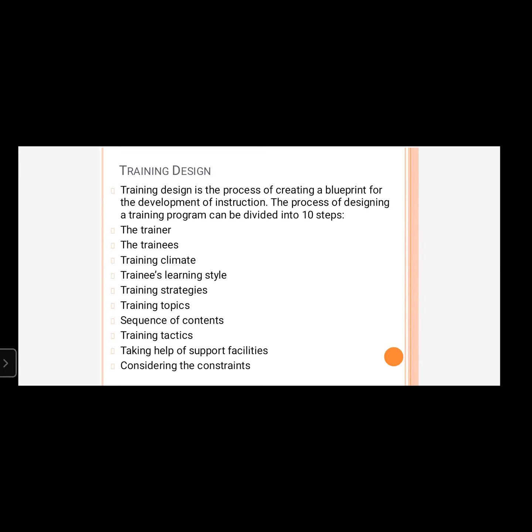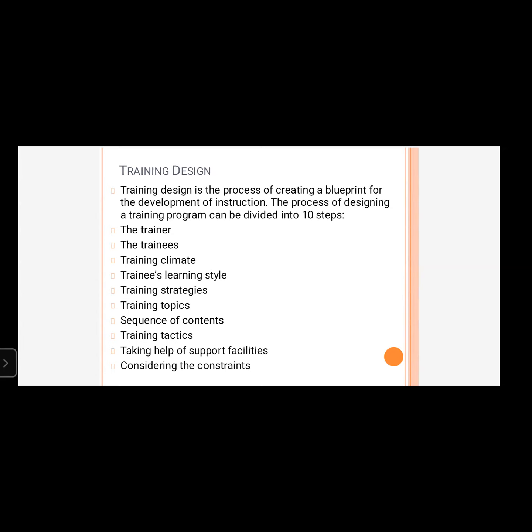Not only good knowledge, the delivery of knowledge should be very good of the trainer. It should not happen that knowledge wise he is very good, but when it comes to delivery of content, he is not that good. So again, that will not help the organization to achieve its training goal.